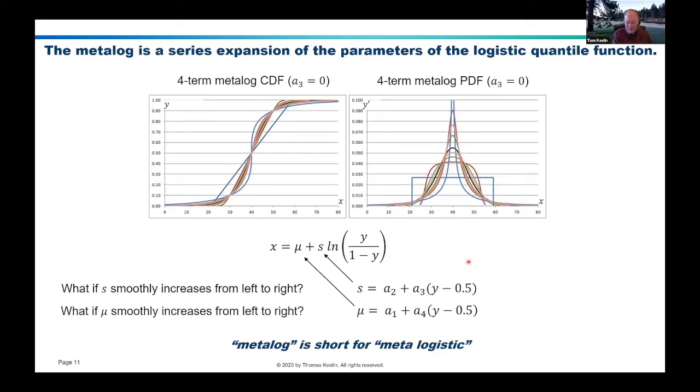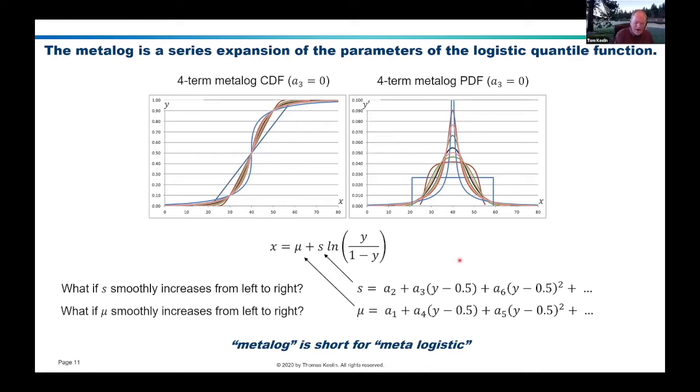Those were the original Metalogs. That's what we used for 2 or 3 or 4 years. Before we finally had an additional insight, which is, well, why stop there? Why not add additional terms in a power series to add further ability to describe the nuances of how the standard deviation changes with cumulative probability, how mu changes with cumulative probability, and let's find a way, if we can, to specify those a coefficients using data.